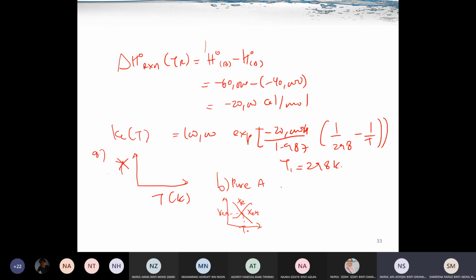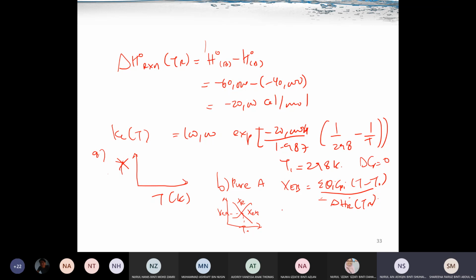This is the one that I simplified. XEB is equal to theta delta I CPI, T minus T naught, over the negative delta HRX at TR. The plus delta CP term has cancelled, because delta CP is now equal to 0, since it is pure A. So just substitute the values.